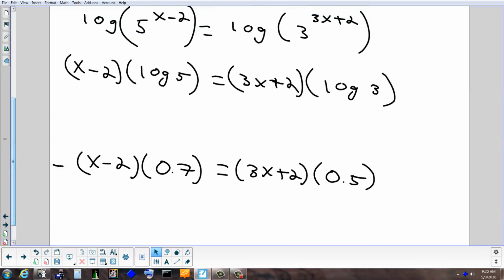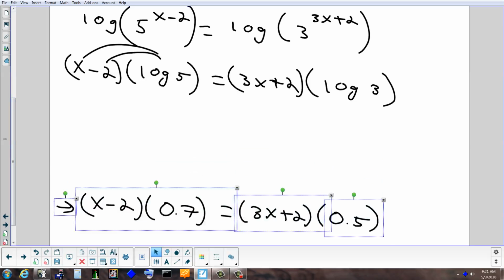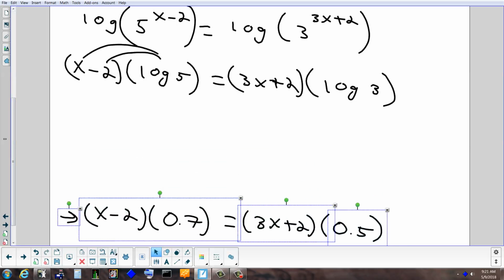So looking at this one, what would you do on both sides with the 0.7 and the 0.5? And what's next to each one of them? Yeah, you would distribute. Now, I'm not going to write it as 0.7. I'm going to write it as log 5. But that's all I'm basically going to do. I'm just going to distribute out the number to each x. I'll keep this up here just so you can look at it to see something simpler without the word log, but it's really the same thing.